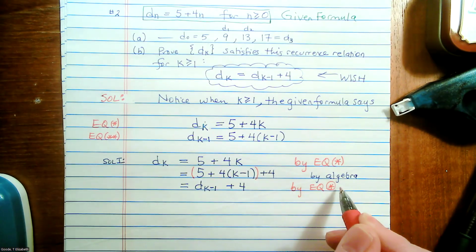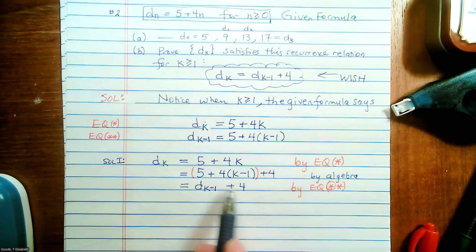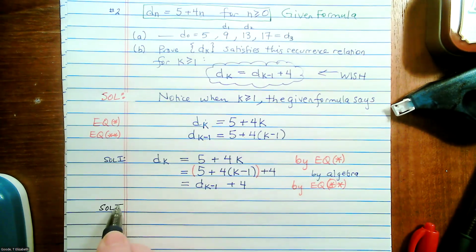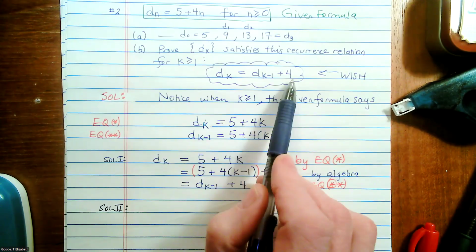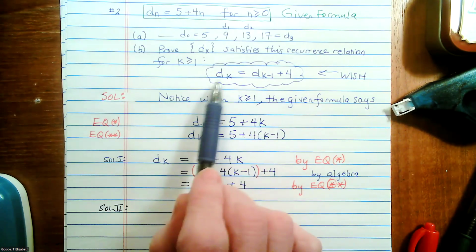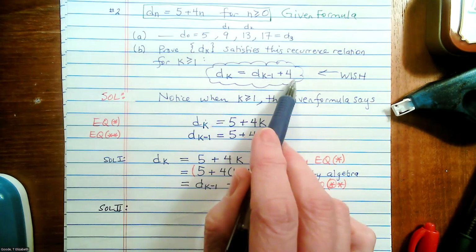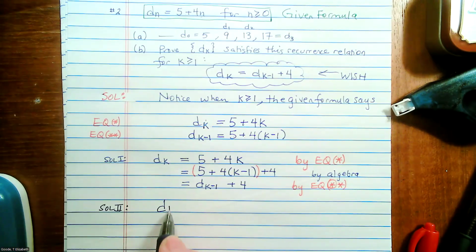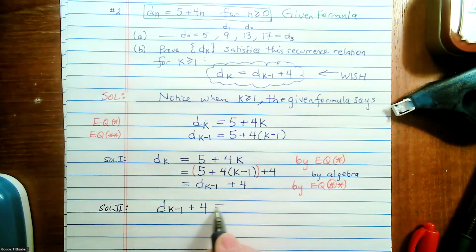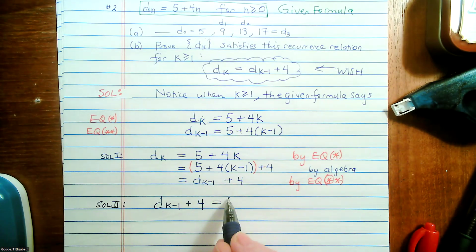So I had to kind of think ahead to get this one. So it might be easier to realize we're just trying to prove an equation. It doesn't really matter if we start with this side or that side, as long as we can turn it into the other side. It might be easier and more natural for you to start with this side, d sub k minus 1 plus 4. Well, we know what d sub k minus 1 is. Did I say minus 4?